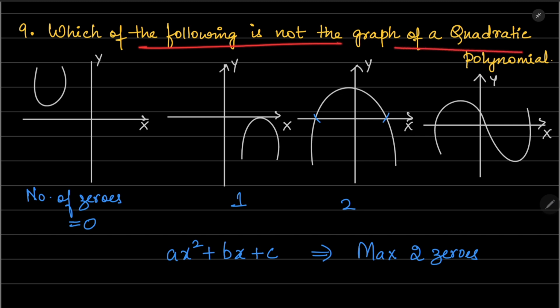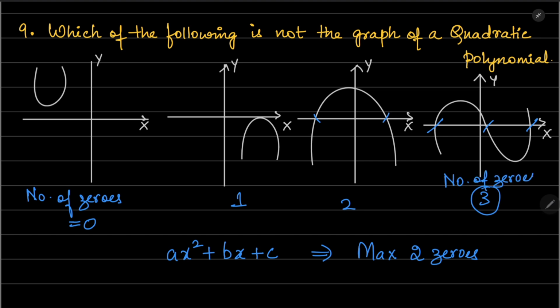Which of the following is not the graph of a quadratic polynomial? Here, in the last graph, the number of points where it cuts your x-axis is 3, which means the number of zeros is 3. And if it is 3, it is never a quadratic polynomial. So the last graph is the answer, because the number of zeros is greater than 2.